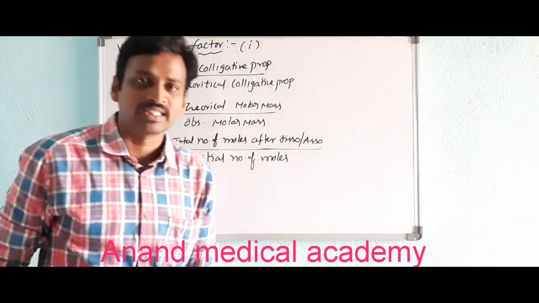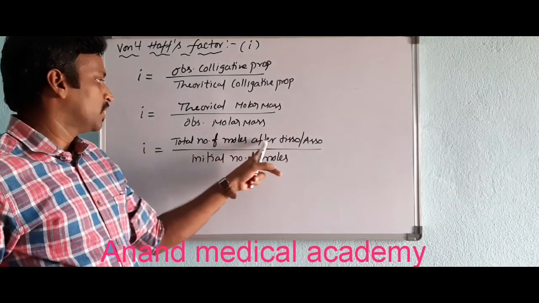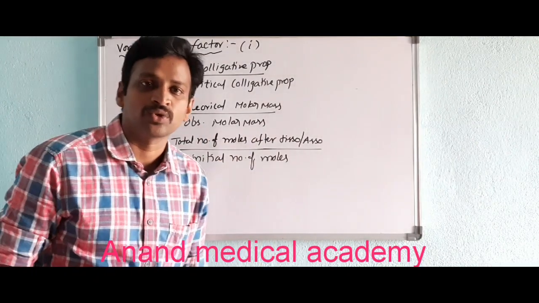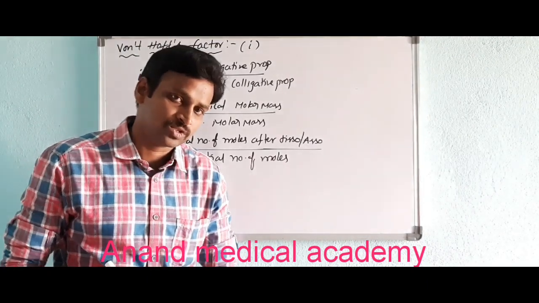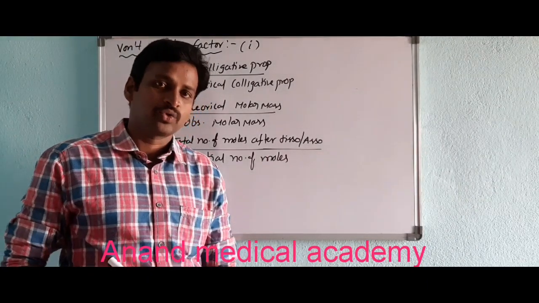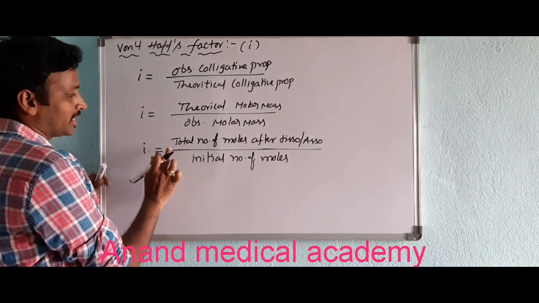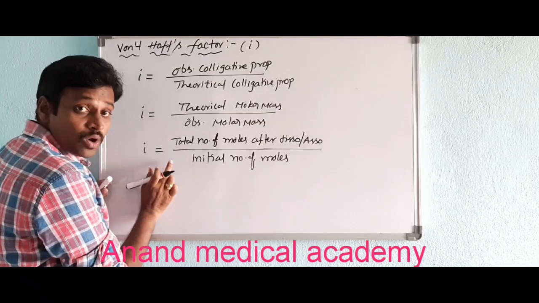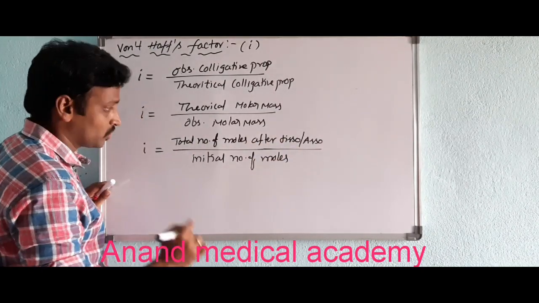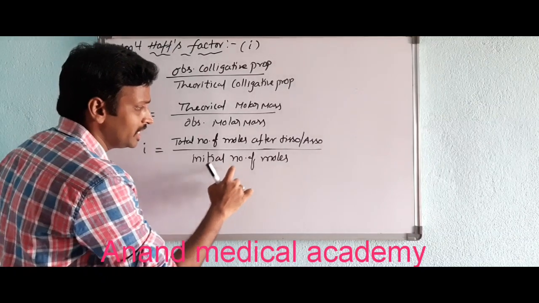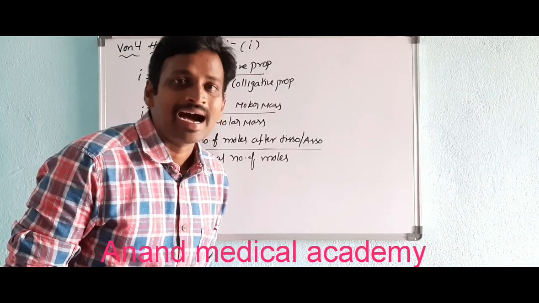Suppose 1 mole of NaCl, means 1 mole you have here. After dissociation you may have different amounts based on the degree of dissociation alpha, which we had previously. So i is the ratio of the total number of moles after dissociation or association to the initial number of moles.